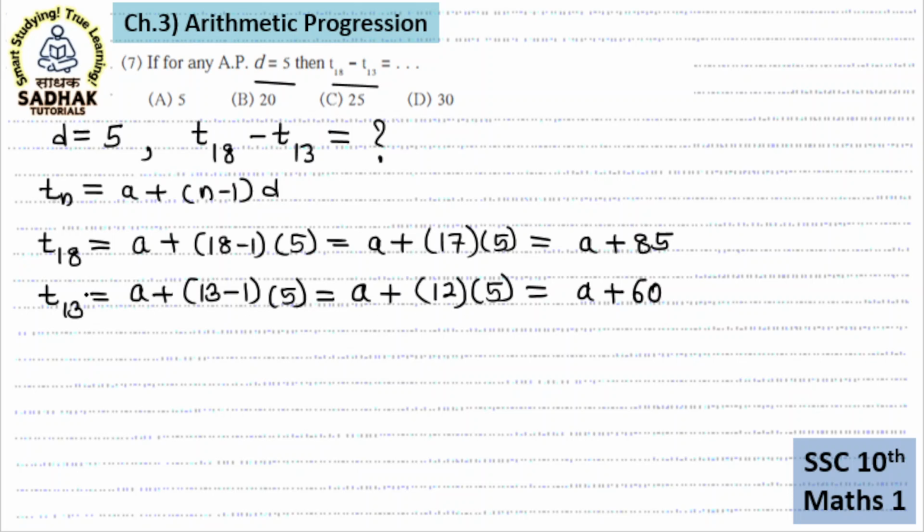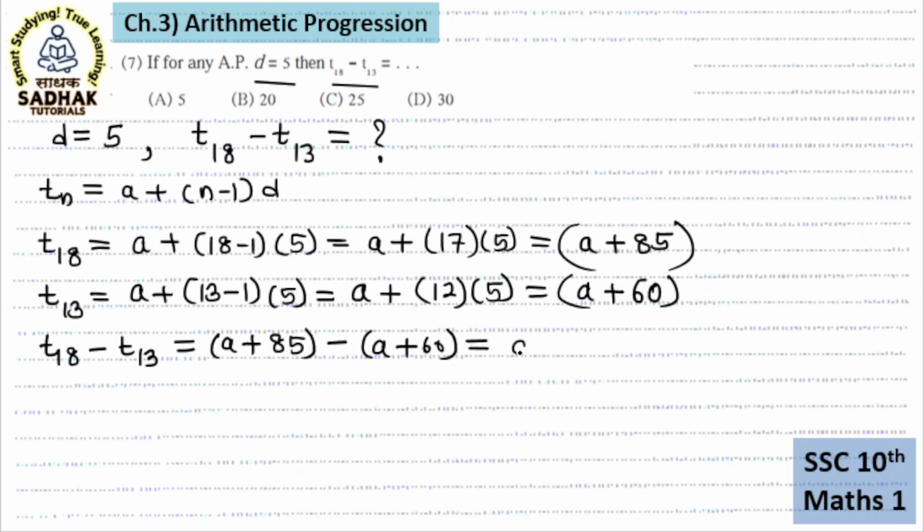Okay, so they are telling us to find the difference between T18 and T13. So T18 minus T13 will be (a plus 85) minus (a plus 60).